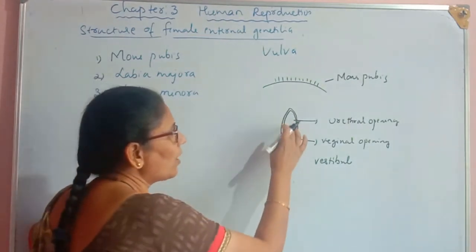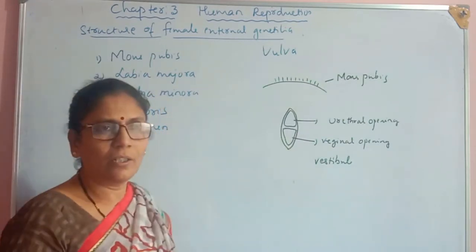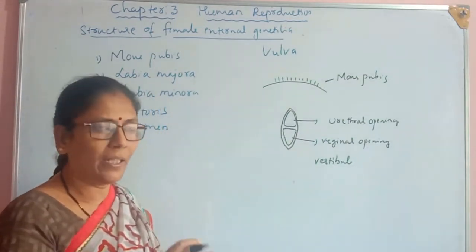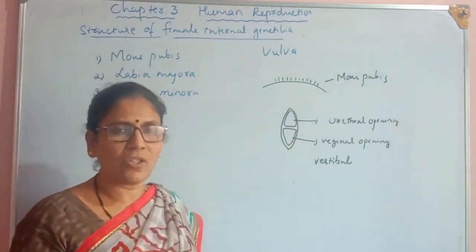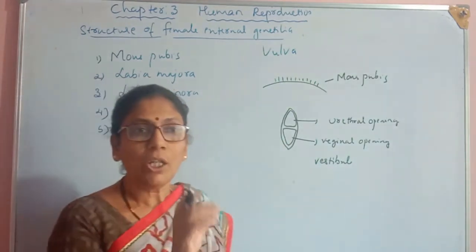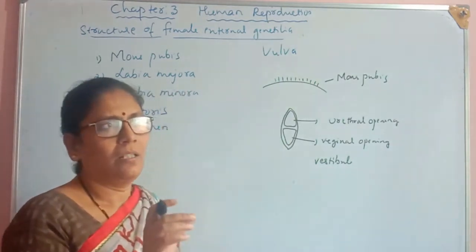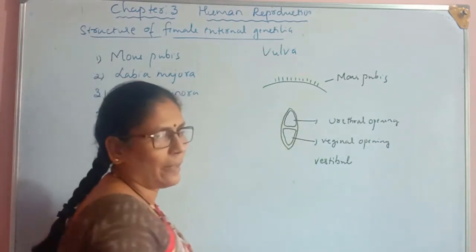So these two are separate in female. That's why we do not call it a urinogenital organ. But in male, the urethra is the common passage for both semen and urine, so in male we call it a urogenital organ. But here in female both are separate.